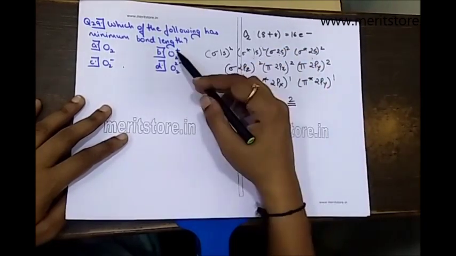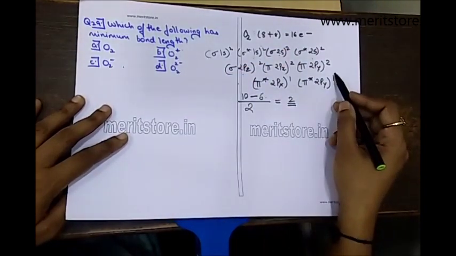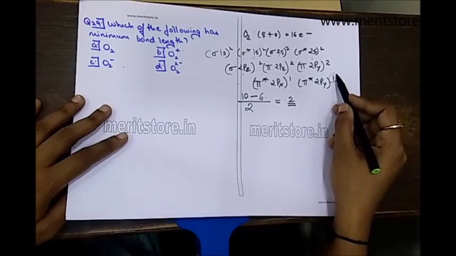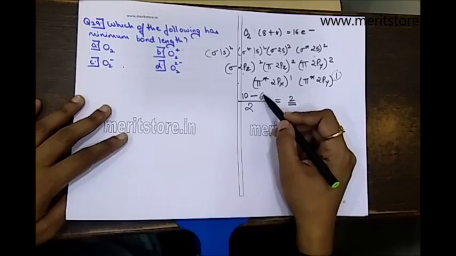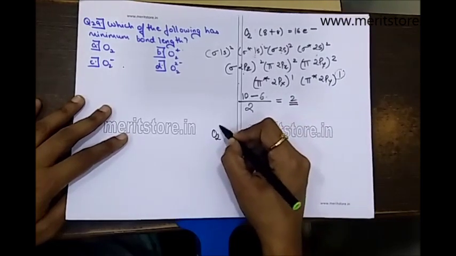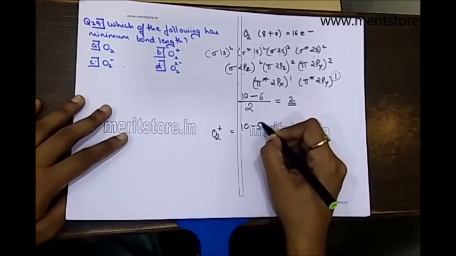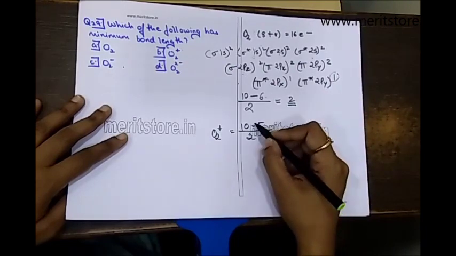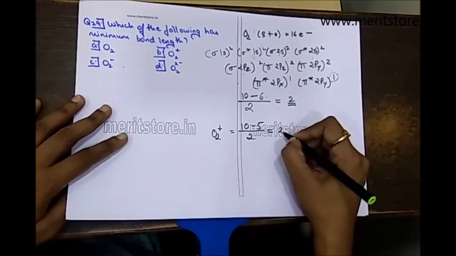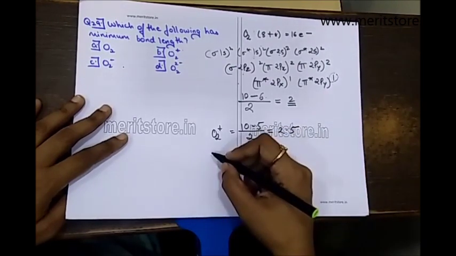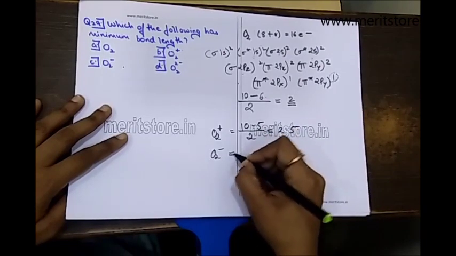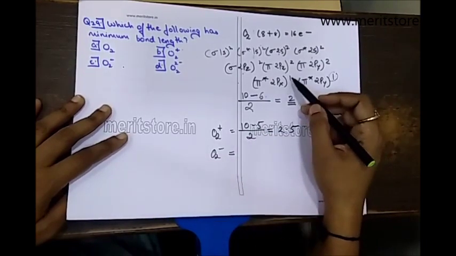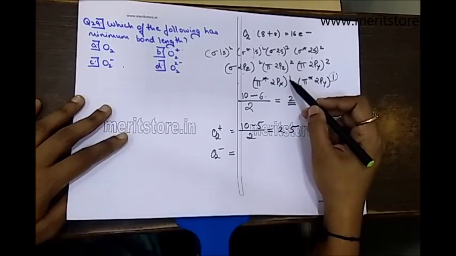When I talk about O2 plus, we have to remove one electron from this particular molecule. So when you remove one electron, the antibonding will now be 5. So for O2 plus, it will be 10 minus 5 divided by 2, so it's 5 divided by 2, it will be 2.5. In case of O2 minus, since you are adding one electron, it will go into the antibonding orbital.